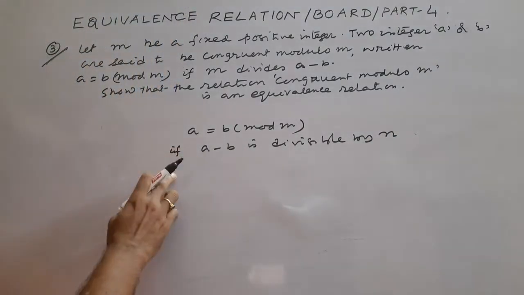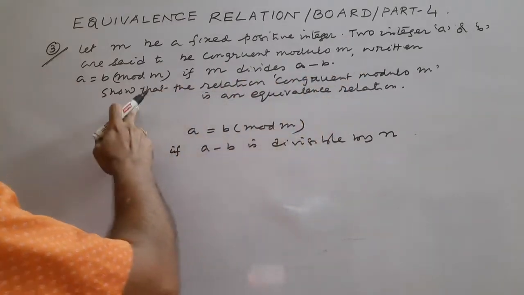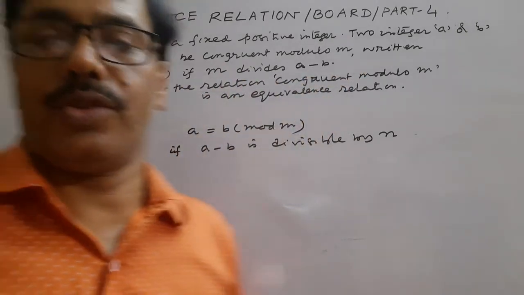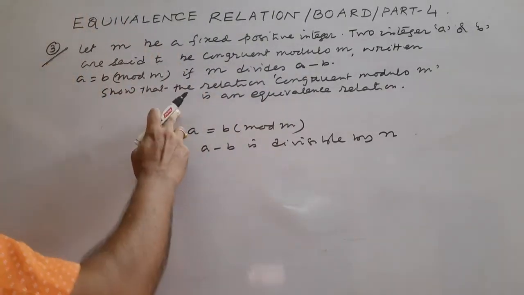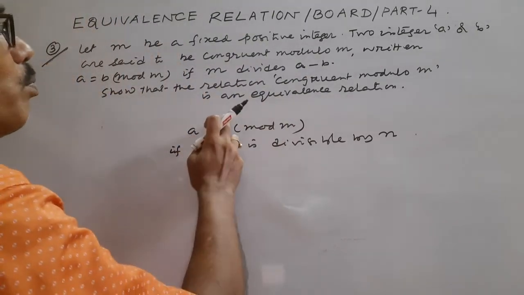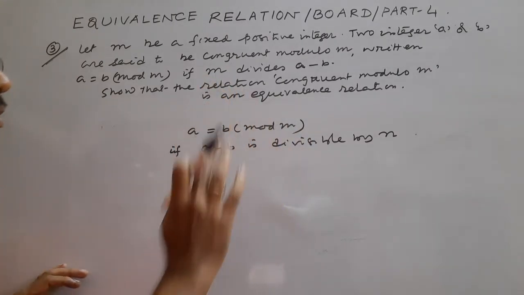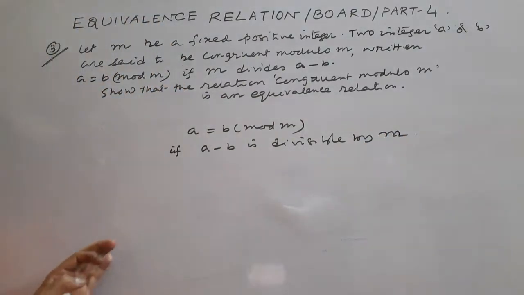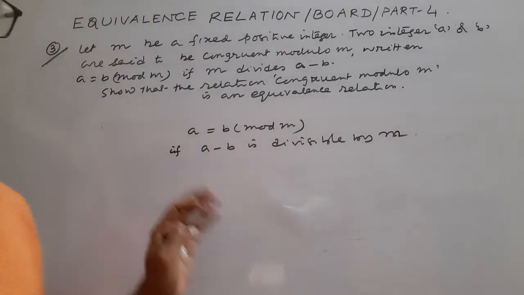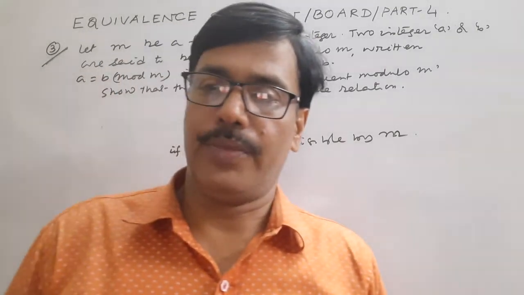We have to prove that congruence modulo m is an equivalence relation. So try to understand the meaning. a is congruent to b mod m means a minus b is divisible by m.